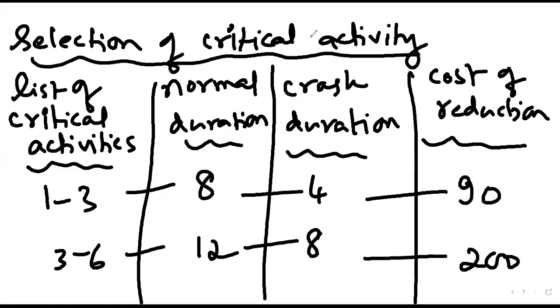The least cost. 1-3, cost of 1-3 to reduce. Okay, any other answers? 1-3, sir. 1-3 has to be reduced.